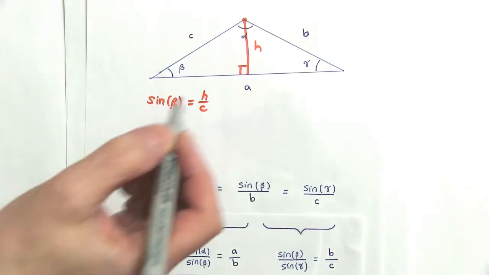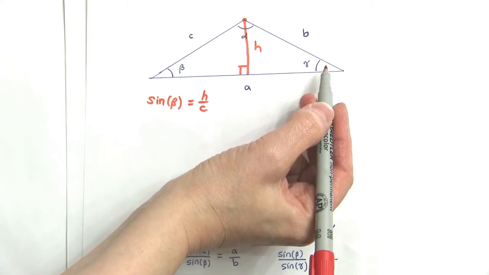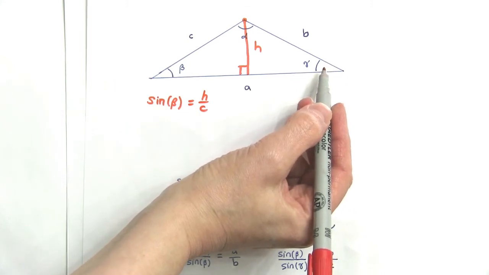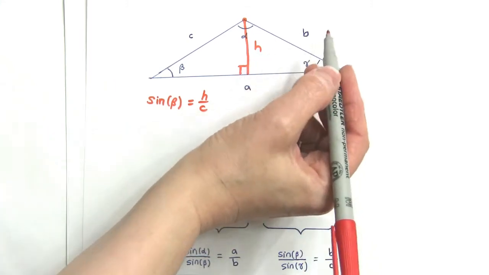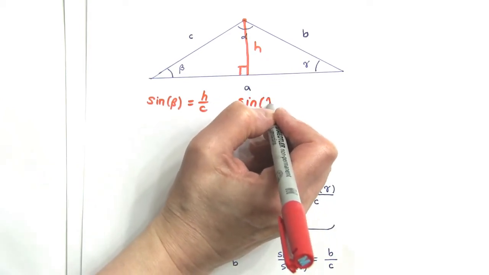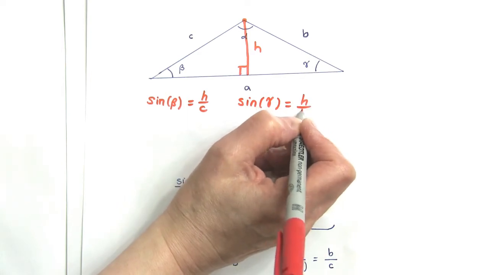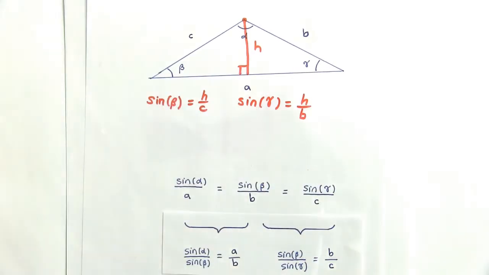And we also have the sine of gamma is the opposite over the hypotenuse for gamma, which is h over b.